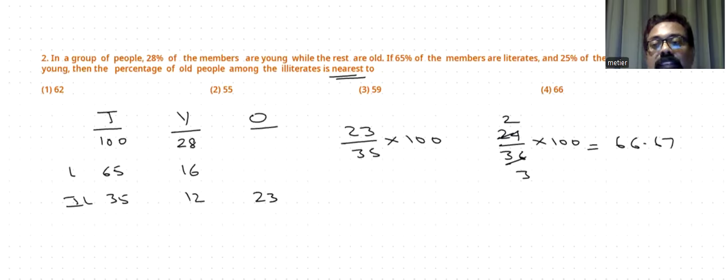So 24 by 36 is 66.67. So this value will be just less than 66.67. The beautiful thing is there is only one option less than 66.67, that is 66. Check other options. Those are not close to 66.67. So there we will have support in data, there we will have support in options. You have to increase your observation skill only. Next question.